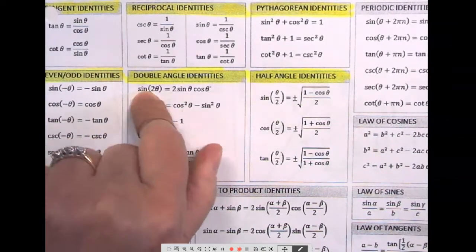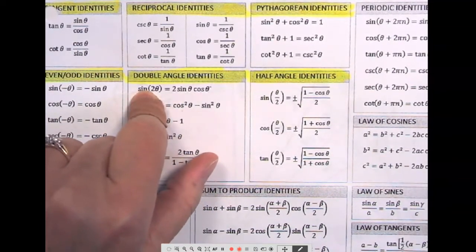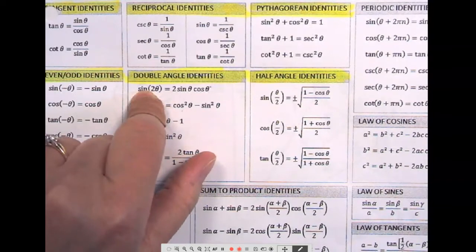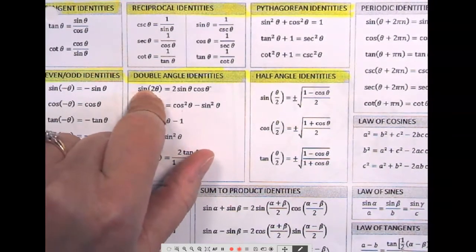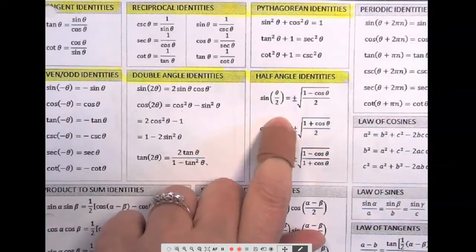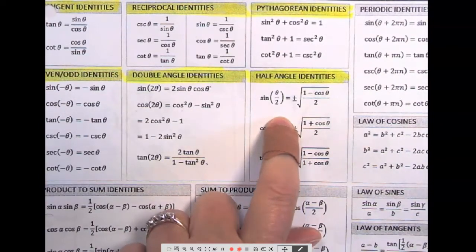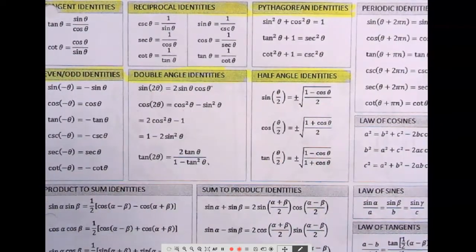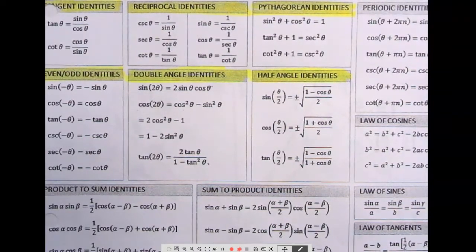Now, what does 2 theta mean? What does 2x mean? 2 times x? How else can I write that? No. That would be our half angle. Hold that thought because we'll get there when we get to the half angles. 2x can be written what other way?